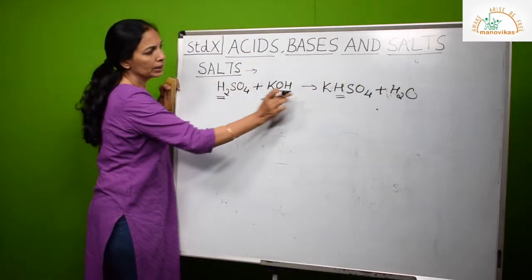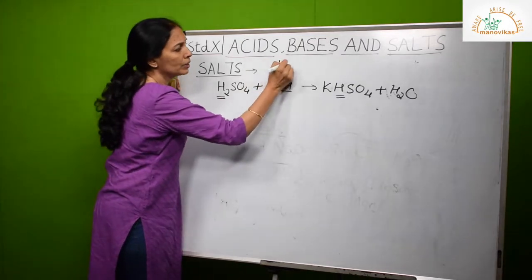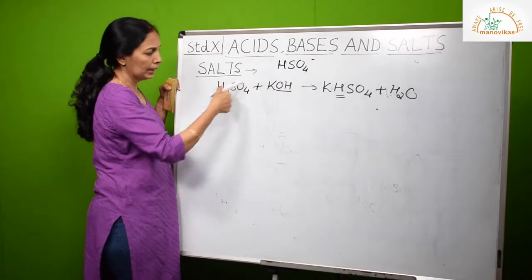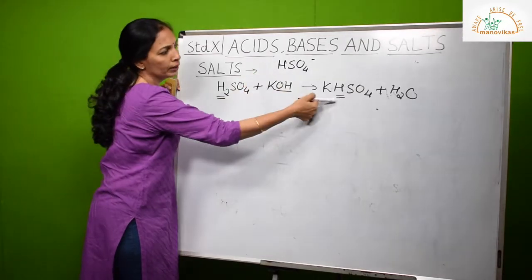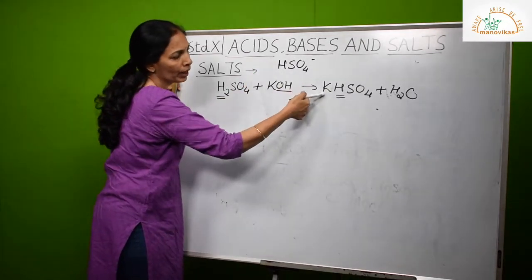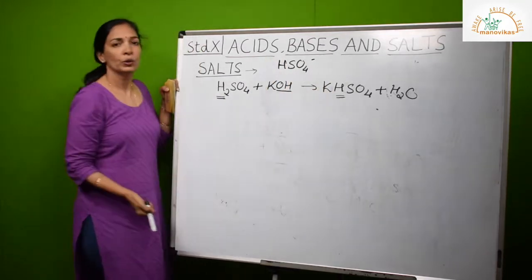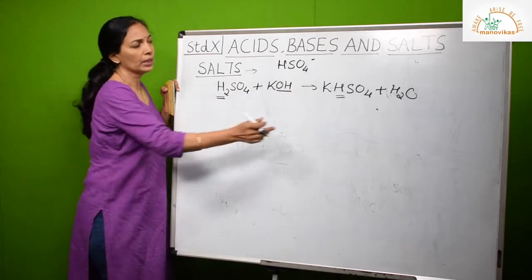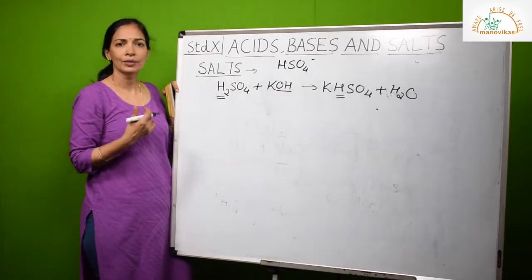Now, one H is still there. The anion was HSO4 minus. With the help of this anion plus this K, together we got KHSO4, potassium hydrogen sulfate. So still one more H is there which can be replaced. So this type of salt is called an acid salt.